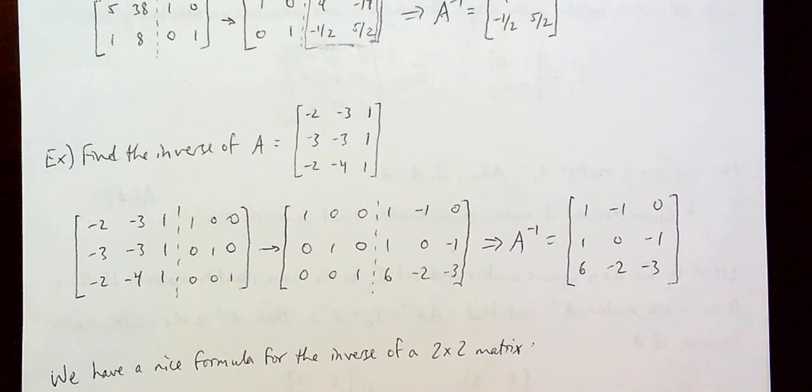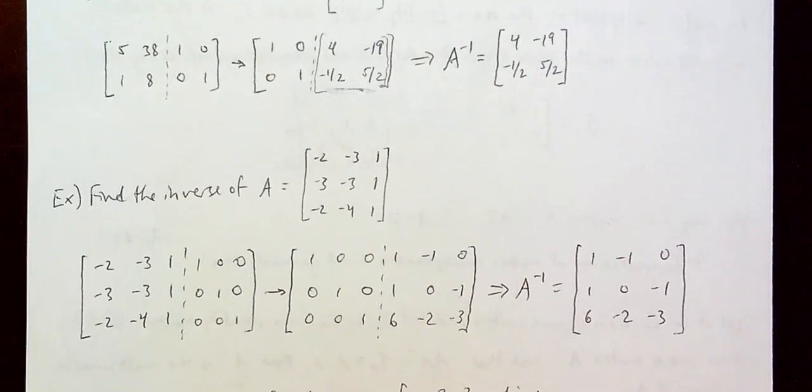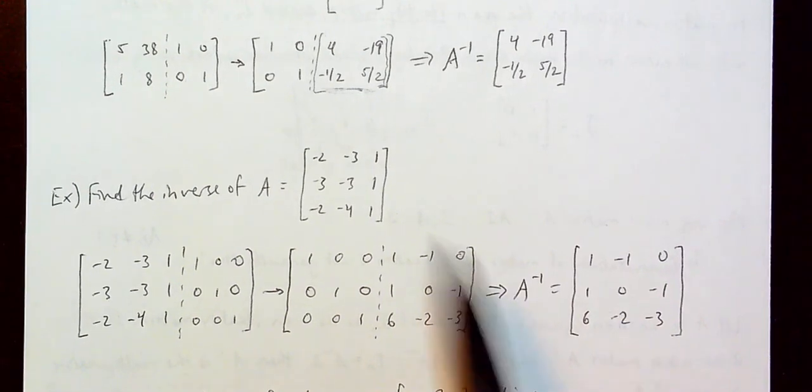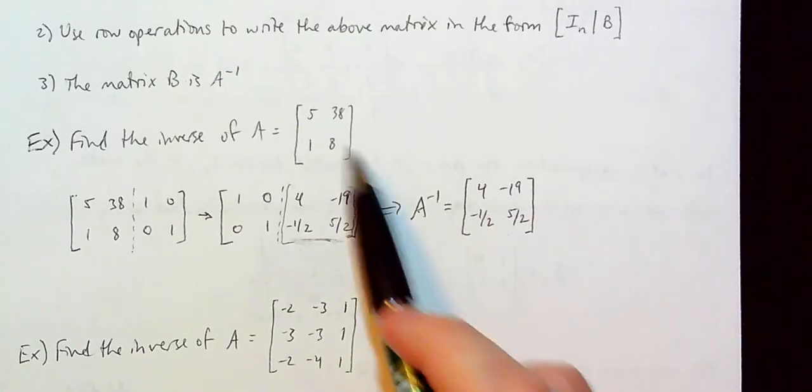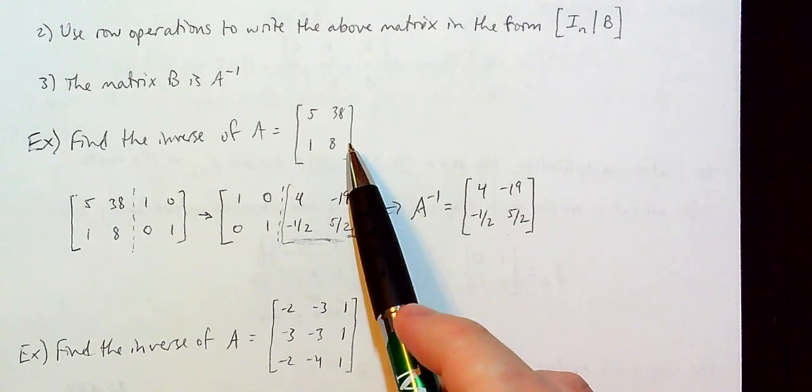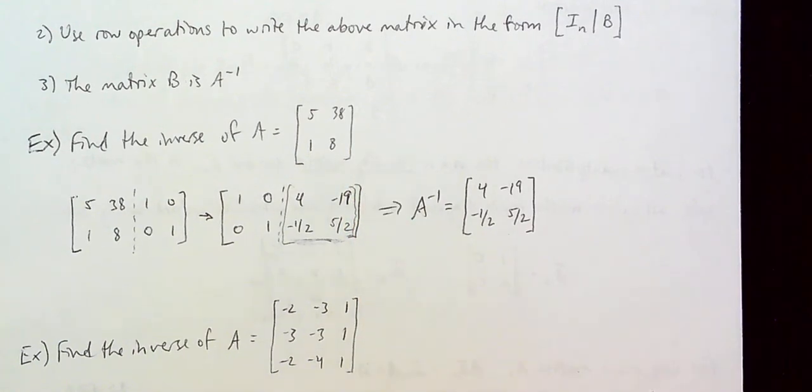So that's the inverse of our 3 by 3 matrix. We saw the inverse of the 2 by 2 from the previous sample problem. And you could check these. You could take this matrix and multiply it by that one, both ways, and you come up with the 3 by 3 identity. Do the same with the other pair, both ways, and you'd come up with the 2 by 2 identity.